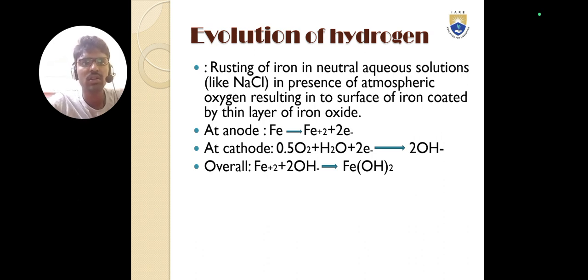At the anode, iron is oxidized into Fe2+ cations plus 2 electrons, but at the cathode, 0.5 molecules of oxygen reacting with water molecules and 2 electrons gives rise to 2 hydroxide ions. Overall, Fe2+ plus 2 hydroxide ions gives rise to Fe(OH)2.